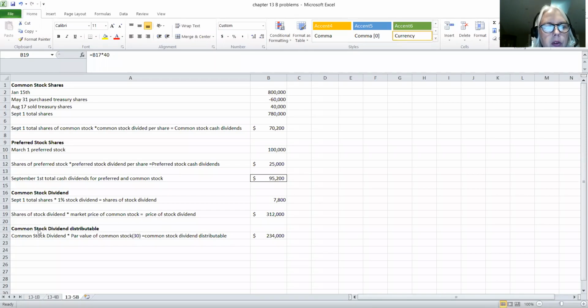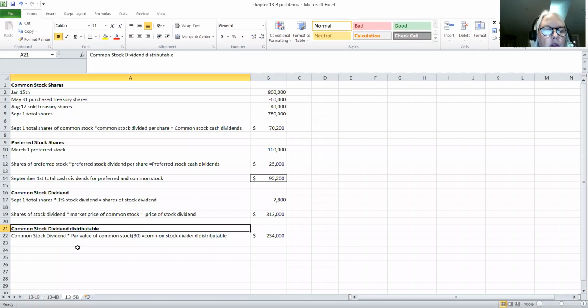And so we're down here. We're looking at common stock dividend distributable. We're going to take the common stock dividend, we're going to multiply it by the par value of the stock. The par value of the stock was $30. That came from the first transaction. You'll remember when we did the stock split, we had to split the par value.